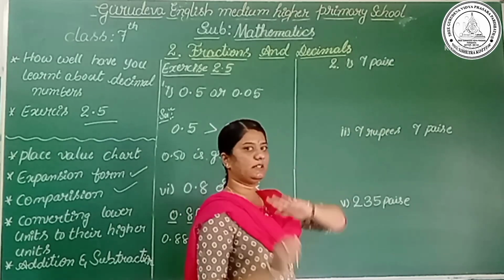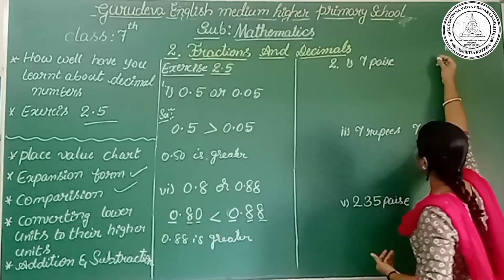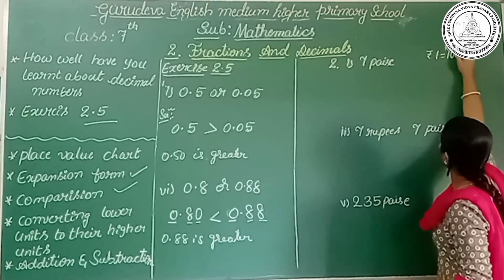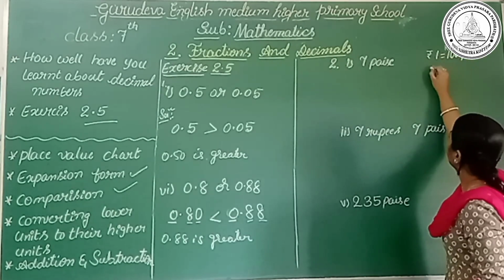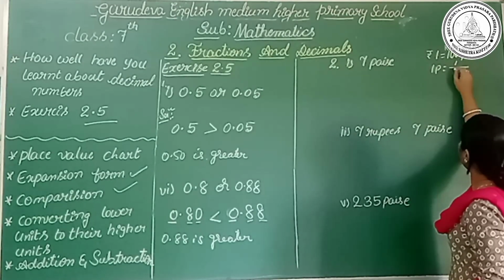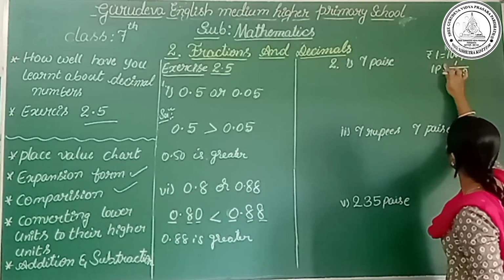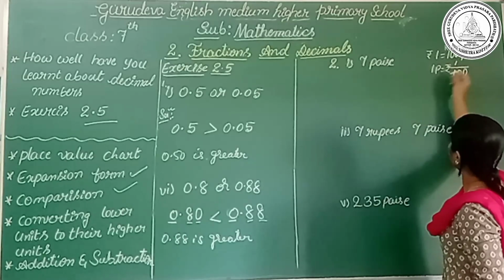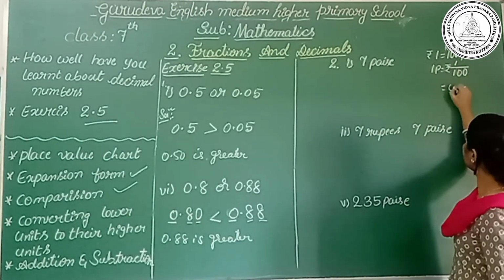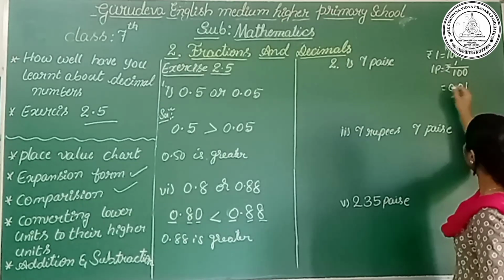So write it on the right side. 1 rupee is equal to 100 paisa. Then 1 paisa is equal to 1 by 100 rupees. Then in decimal form, that is 0.01 rupees.